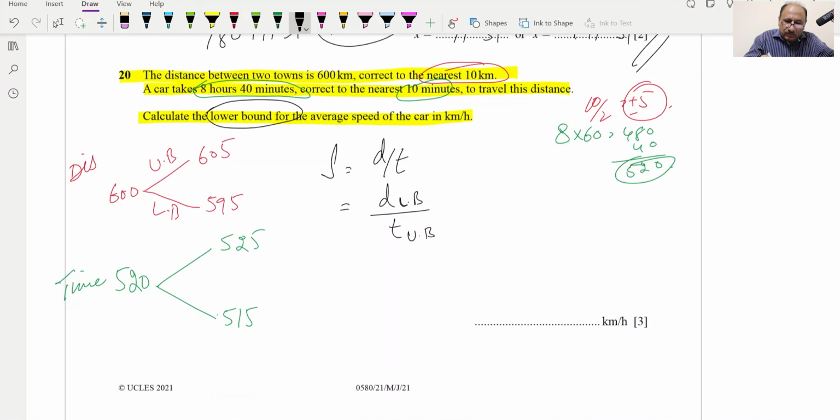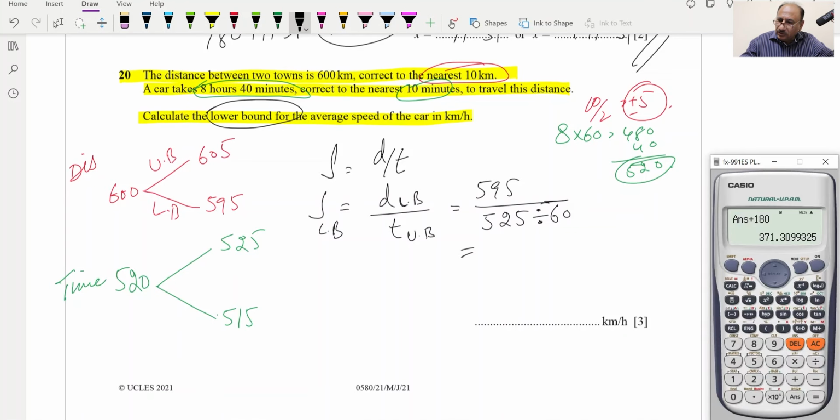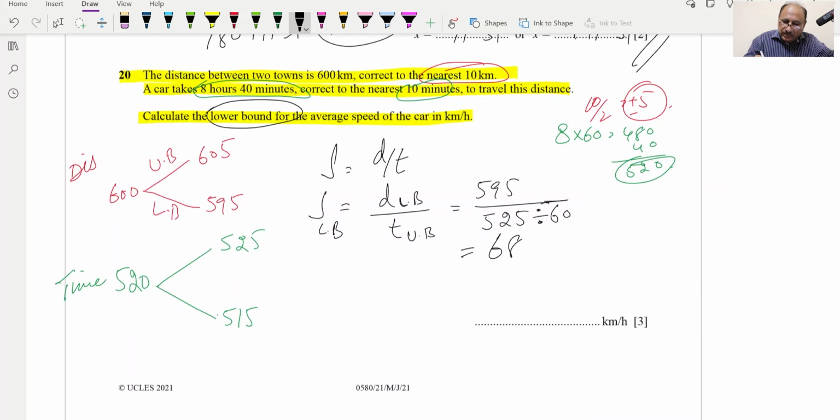So this will be 595, the lower bound, divided by the upper bound 525 for time, and this is in minutes, so we have to divide it by 60. I will write it over 60, and we can calculate this. It will be 595 over 525 divided by 60, and the answer will be 68. So 68 will be our final answer, in kilometers per hour.